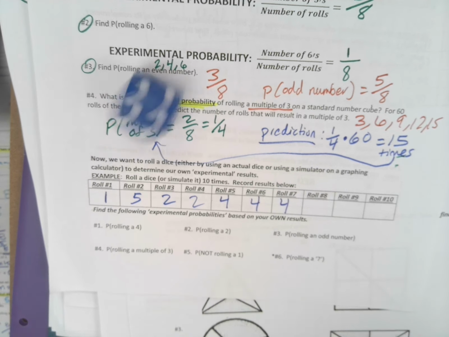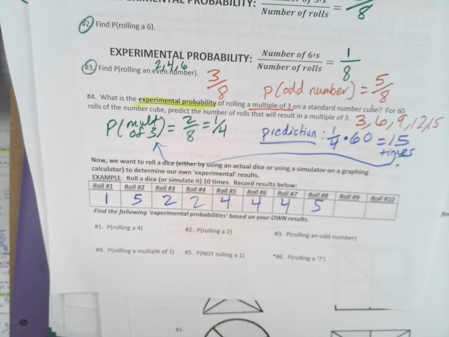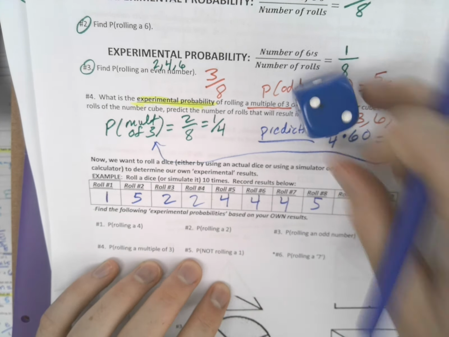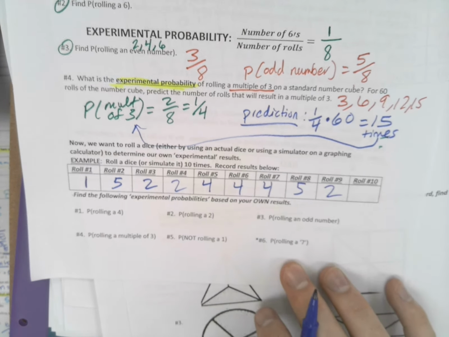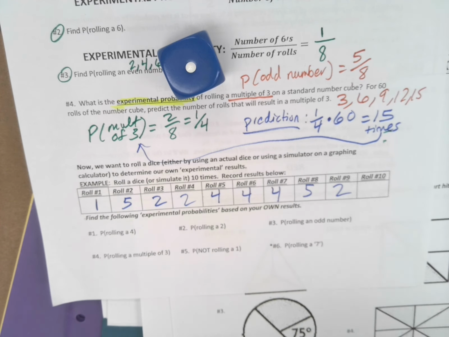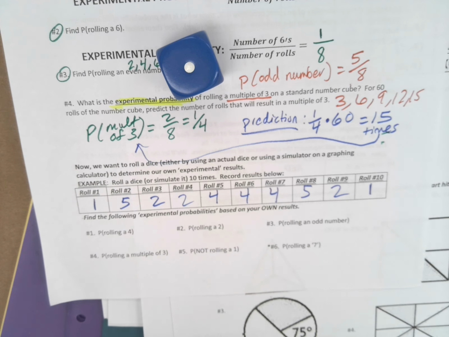Let me throw with my other hand. 5, and we haven't gotten 3 or 6 at all. 2, and last roll. What do you guys think it's going to be? It's going to be me knocking over all my stuff. 1. Man, no 3 or 6.